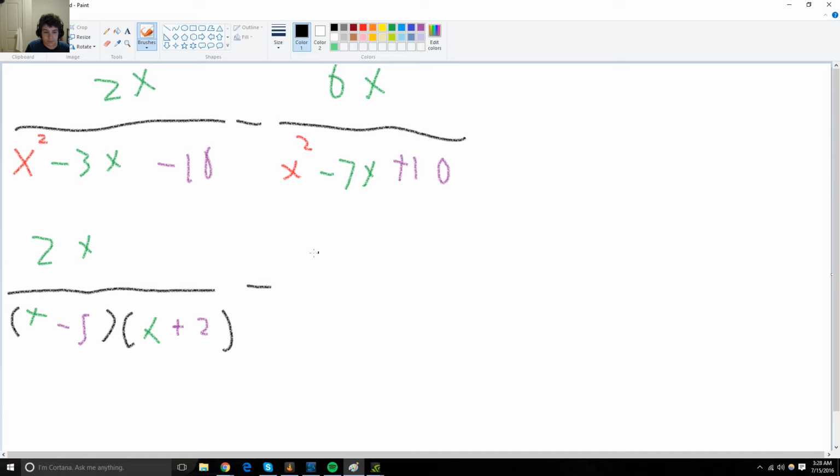Minus 2, 6x. That is way too small. Whatever. Can I factor that one? -5 and -2. All right.